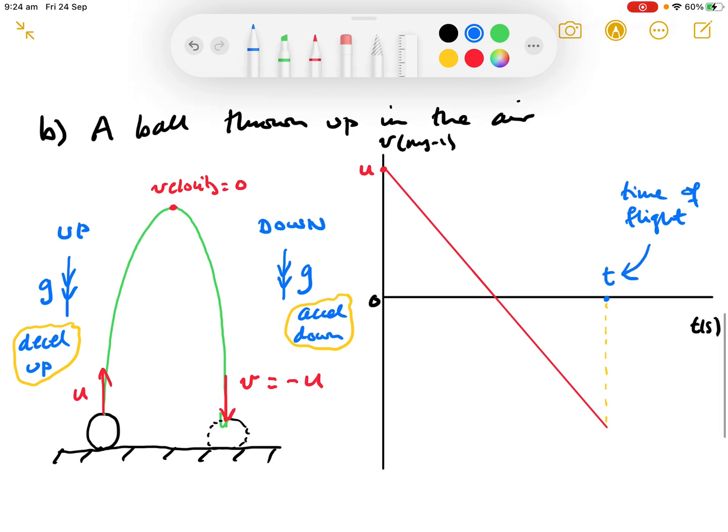Okay. This point here is the top of flight. And that, by symmetry, that's half the time of flight. So that would be a half t there on the time axis.